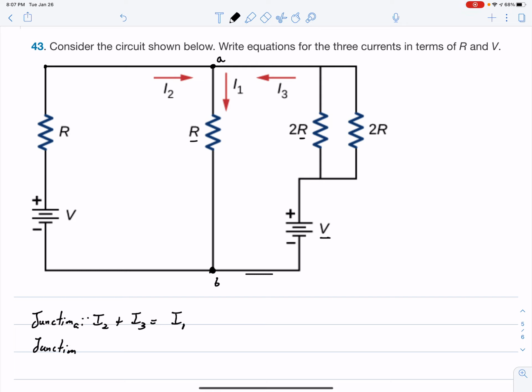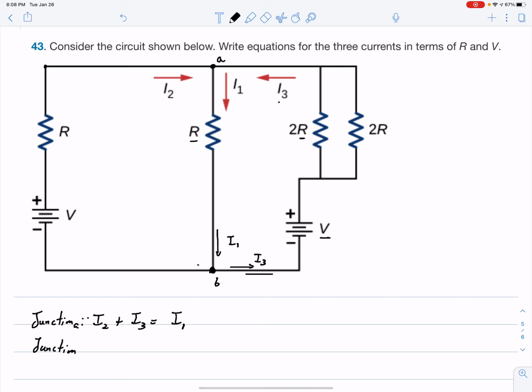This time around, following my current I1, I realize that they split up at I1, right? Because I'm following the direction of I3. If I follow the direction of I3, following all around, it goes back in to junction A, in case you had any questions on that.